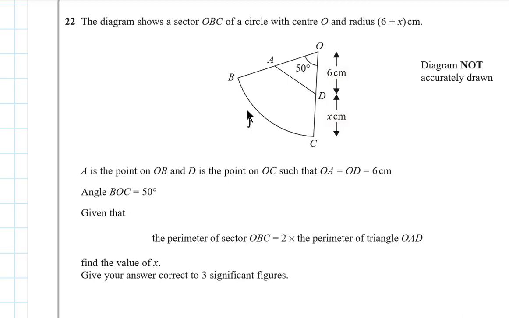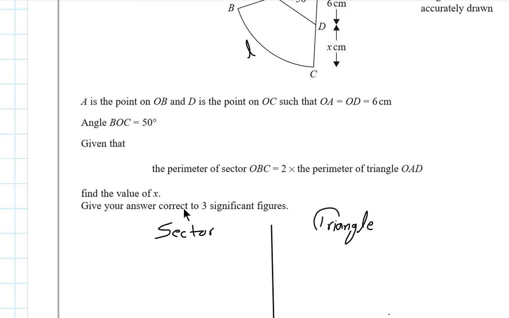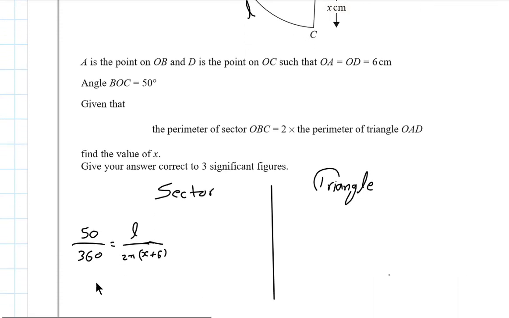To get the perimeter of the sector OBC, we need to get L, which is the length of the arc BC, and also we want to get the length of AD of this triangle. For the sector, I prefer to write this rule as the following: as 50 degrees takes from the whole circle 360, this length takes from 2 pi times the radius, which is the circumference, which is x plus 6 here.